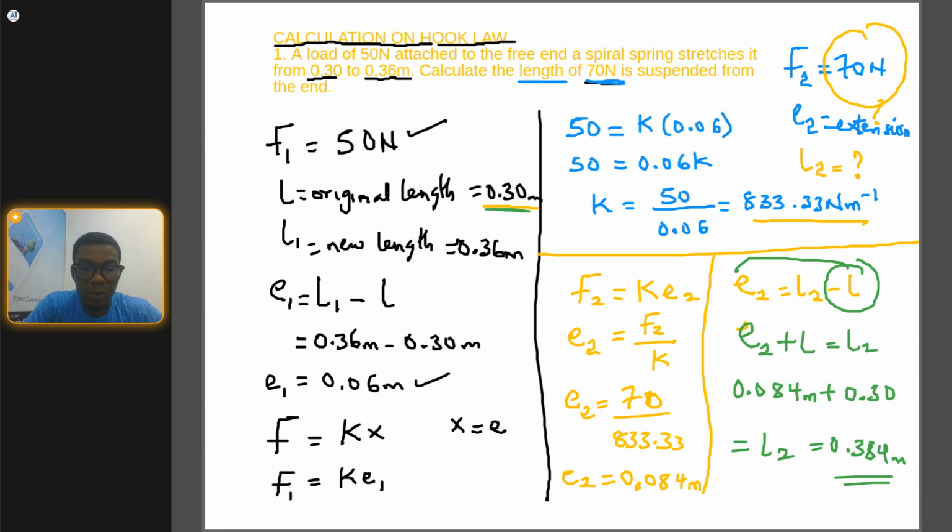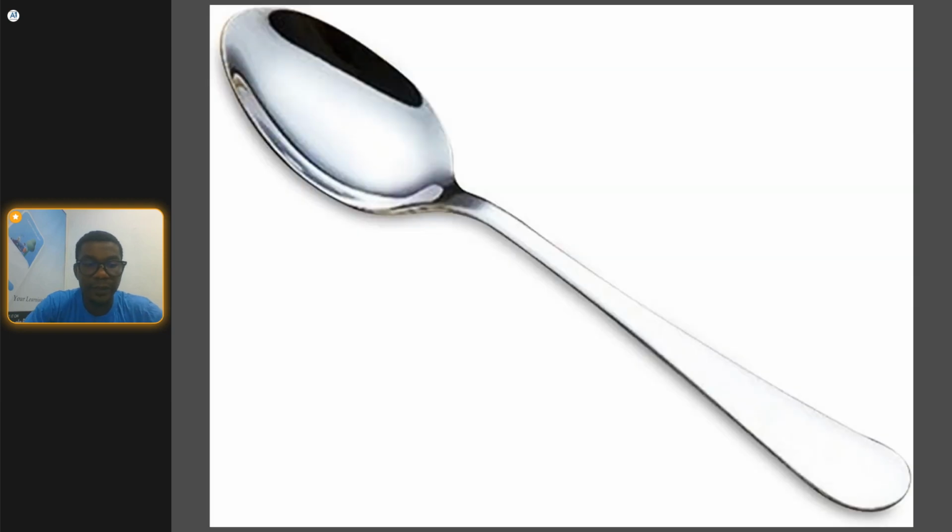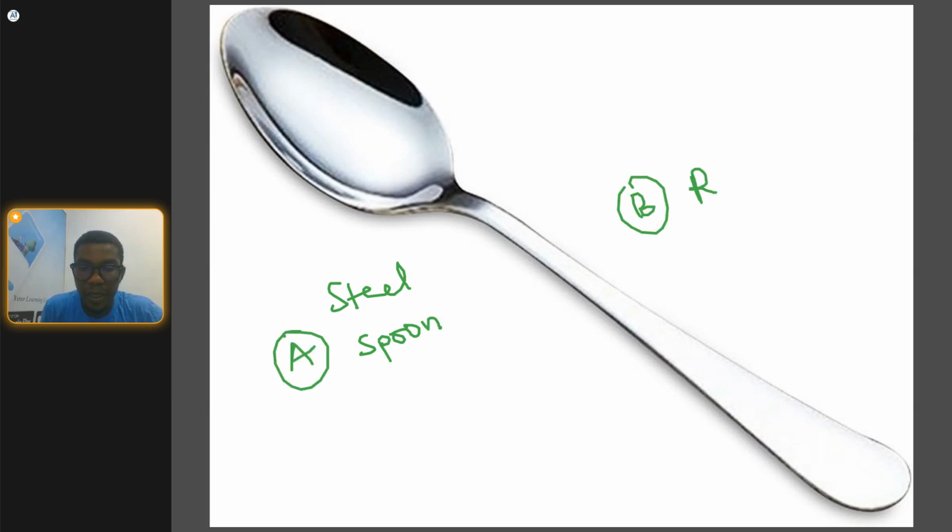A steel spoon, and this is A, and B, a rubber, let's say rubber ball. Which one is more elastic?